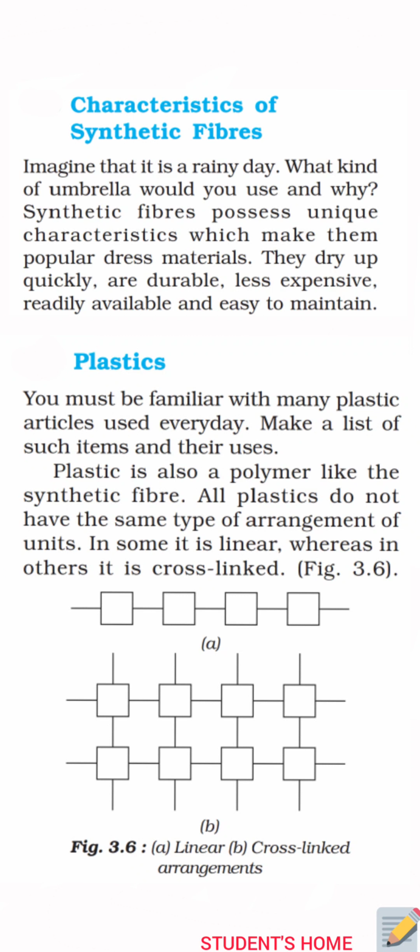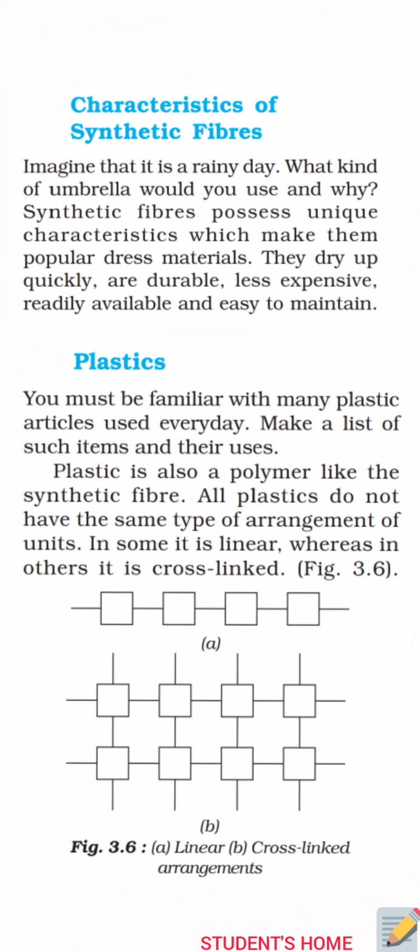All plastics do not have the same type of arrangements of the units. In some it is linear, whereas in others it is cross-linked, as you can see in the picture given here in figure 3.6. Here figure A shows the linear structure and figure B shows the cross-linked arrangements.